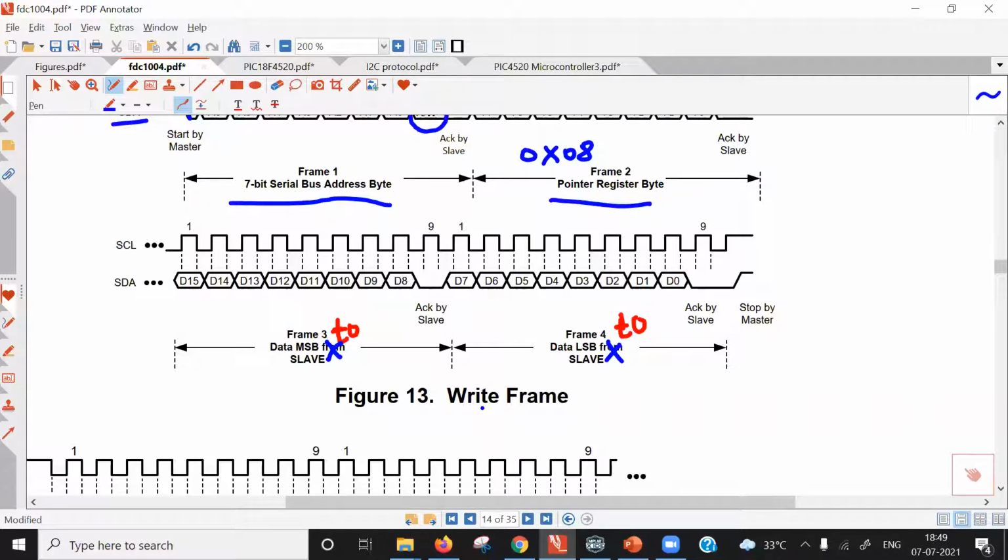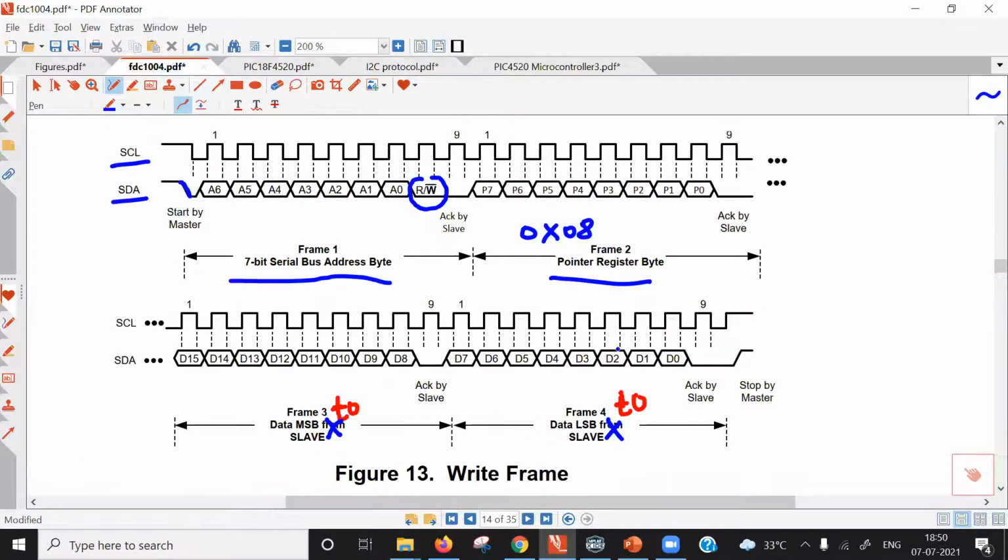After transmitting MSB bits, next transmit remaining 8 bits because all registers which are pointed by 8-bit pointer are 16-bit. So whenever we perform write operation, especially with respect to registers, we must transmit 16 bits. However, after loading pointer register, we can end the I2C transmission. It is possible.